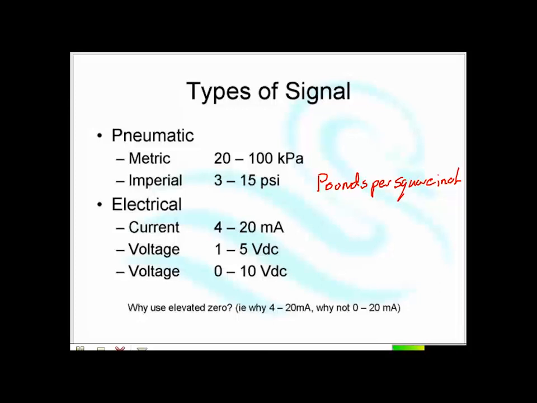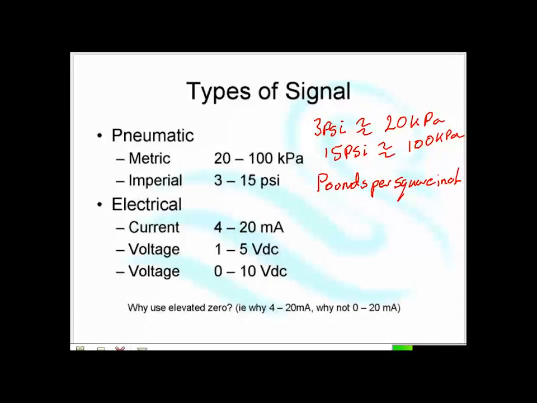Nowadays, we've gone to the SI, or metric system, and in SI we send 20 to 100 kPa. Now it turns out that we're really lucky, because 3 psi just about equals 20 kPa, and 15 psi just about equals 100 kPa.